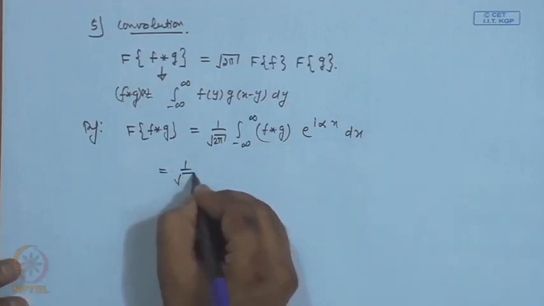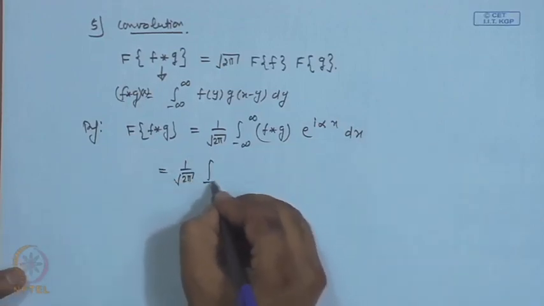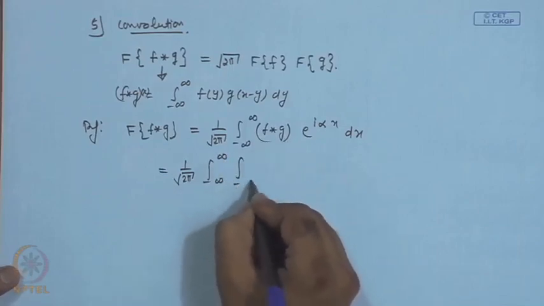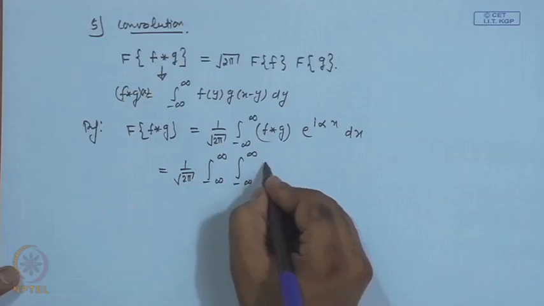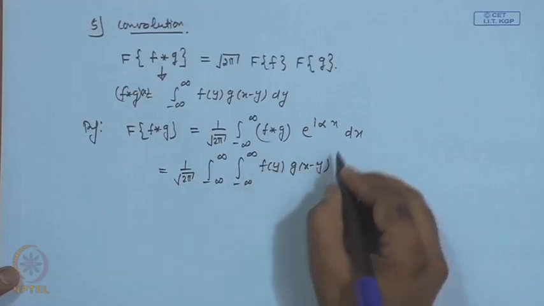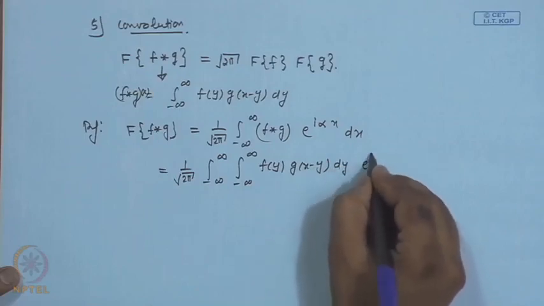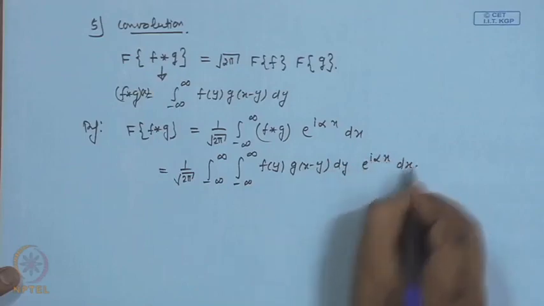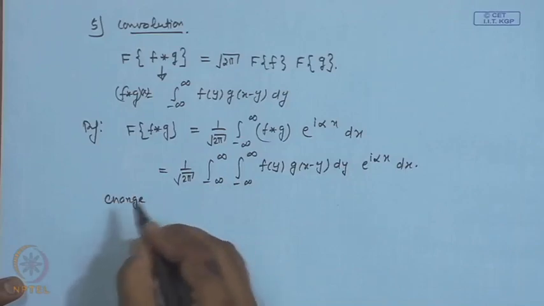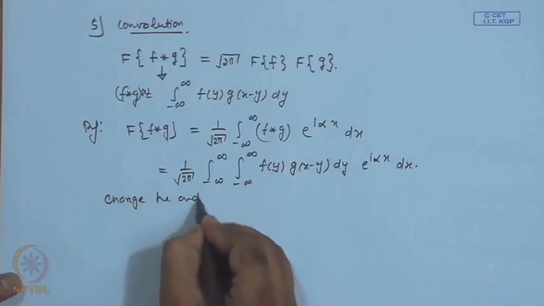So, this is 1 over square root 2 pi, integral from minus infinity to plus infinity, and again this convolution, integral from minus infinity to plus infinity of f(y) g(x minus y) dy, times e^{iαx} dx. Now, we change the order of integration to simplify this.